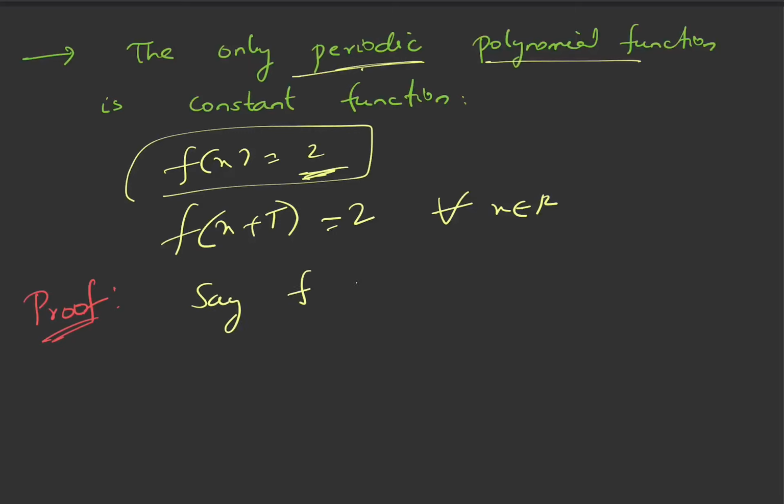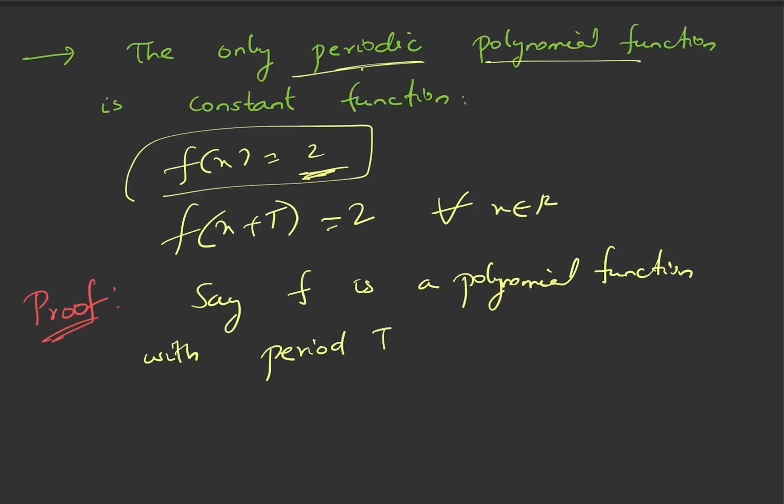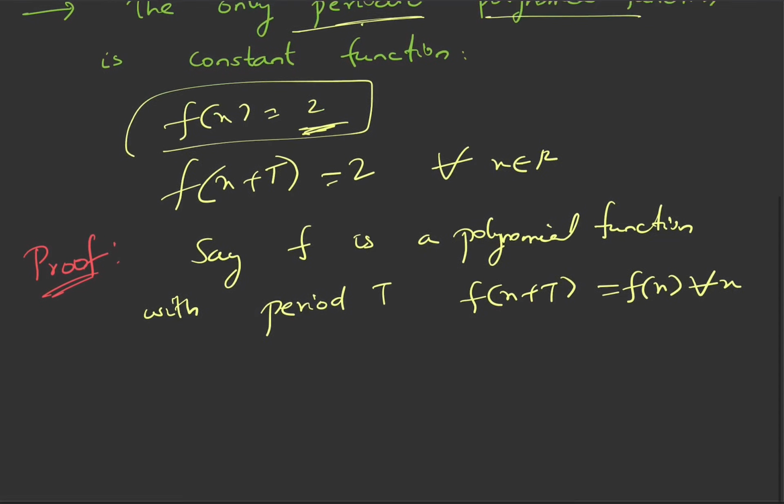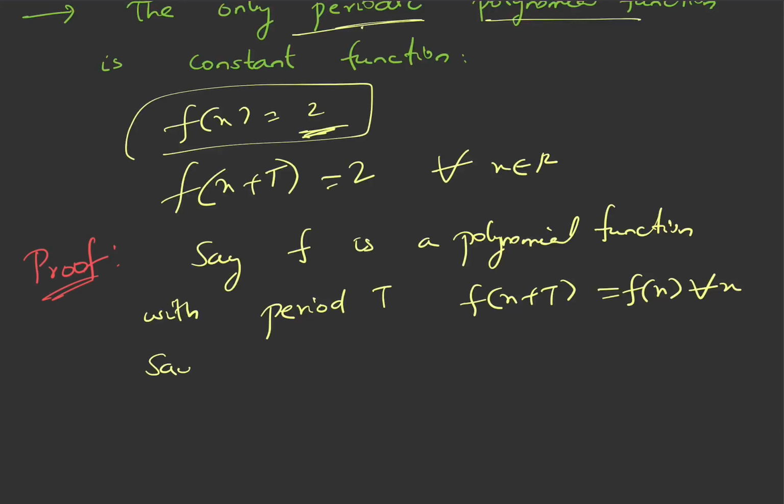So what I am saying is, say f is a polynomial function with period t. So it means what? F of x plus t is equal to f of x for all x, right? Now let us say f of 0 is some constant c, right?